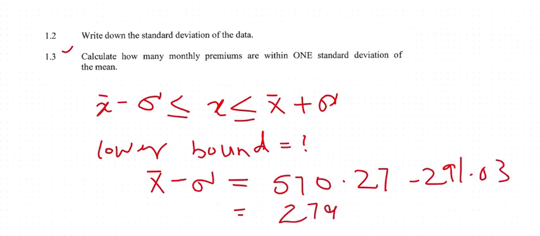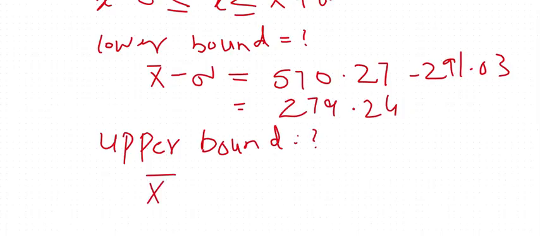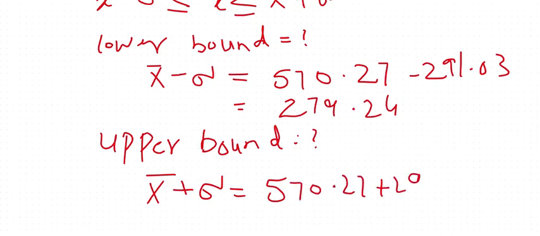Now we calculate the upper bound. For the upper bound, we have x bar plus sigma, which equals 570.27 plus 291.03.